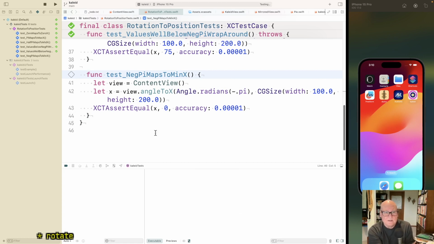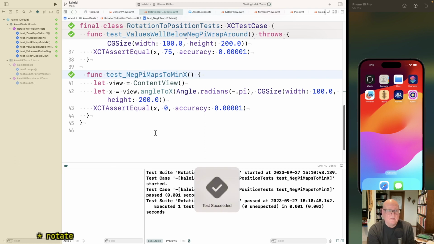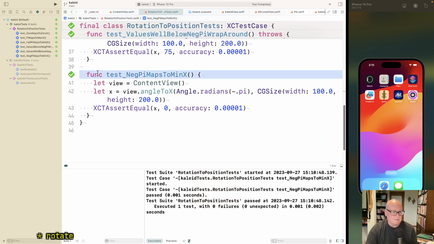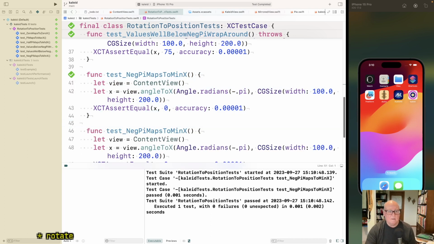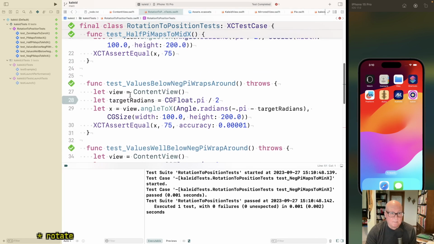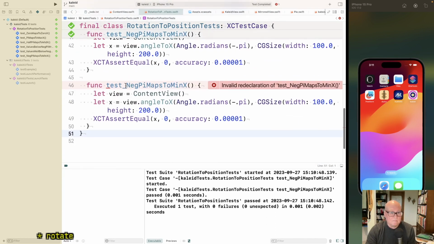We're in our range still. Okay. But now, value above pi wraps around. And I'll say just above pi.